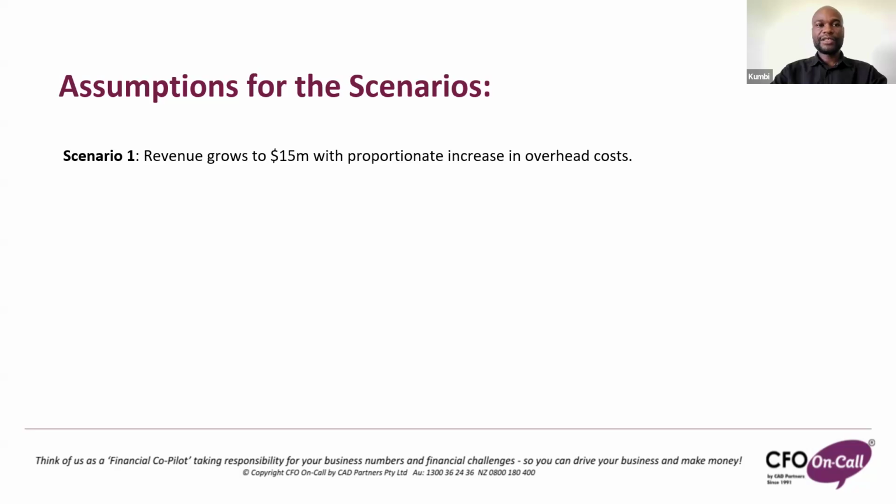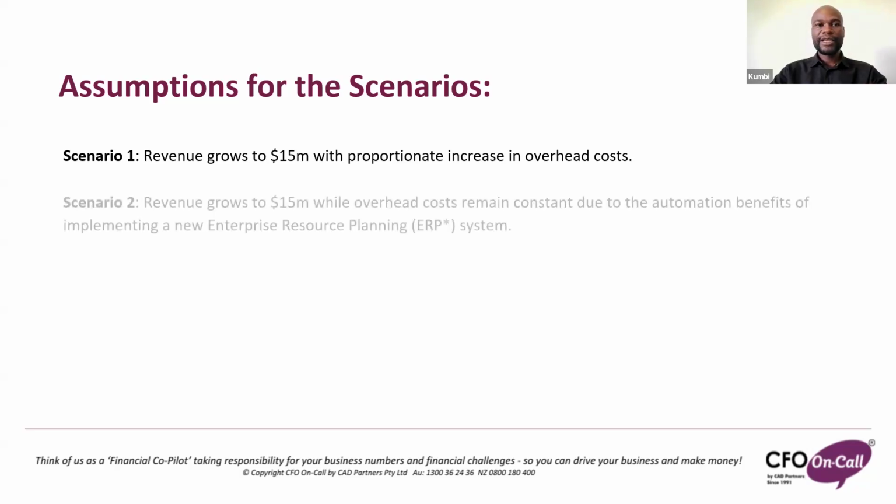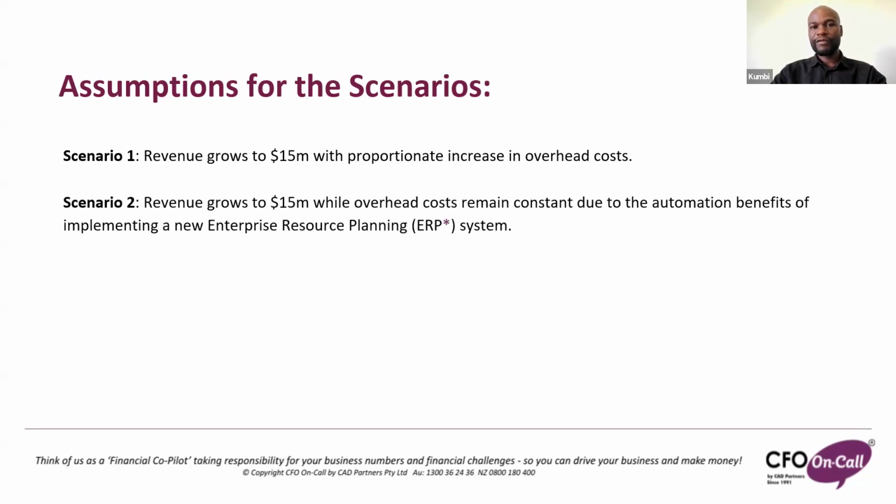So the first scenario, we're looking at revenue growing from 10 million to 15 million with a proportionate increase in overhead costs. The second scenario, we're looking at revenue growing from 10 to 15 million, whilst the overhead costs remain constant because we are going to introduce a new ERP, which is an enterprise resource planning system.